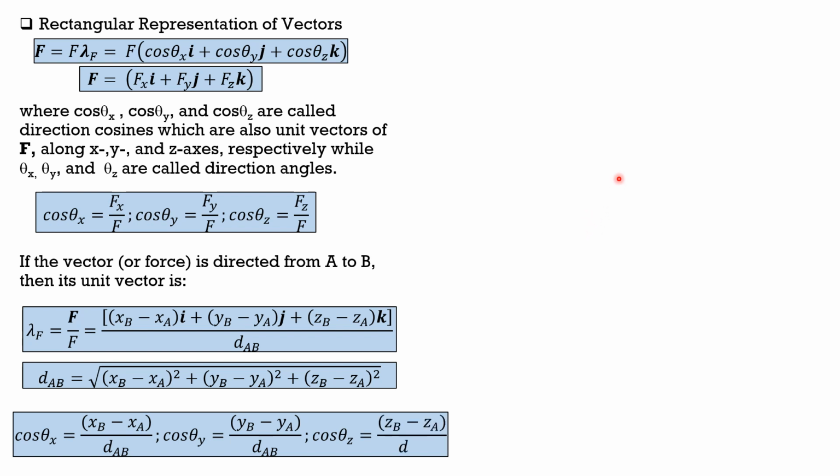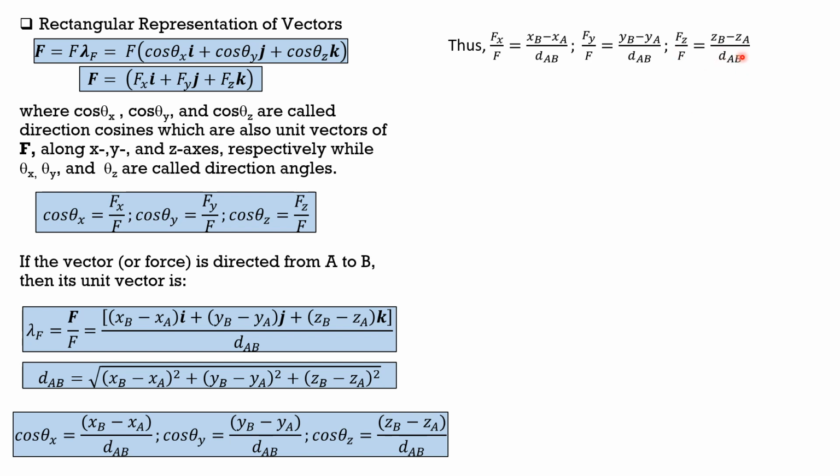Thus, Fx over F is xB minus xA over distance AB. Fy over F is equal to yB minus yA over distance AB. They are the same as cosine theta x, cosine theta y, and cosine theta z.